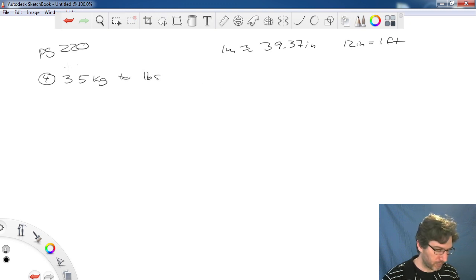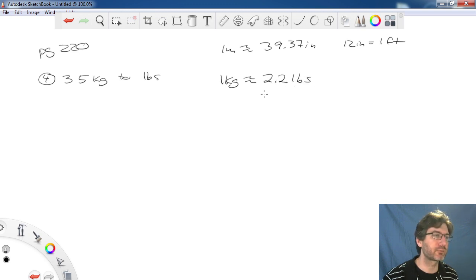And again, looking on page 219, it should give you something along those lines. Yeah, it tells you that 1 kilogram is about 2.2 pounds. So you're going to use this as your conversion ratio.